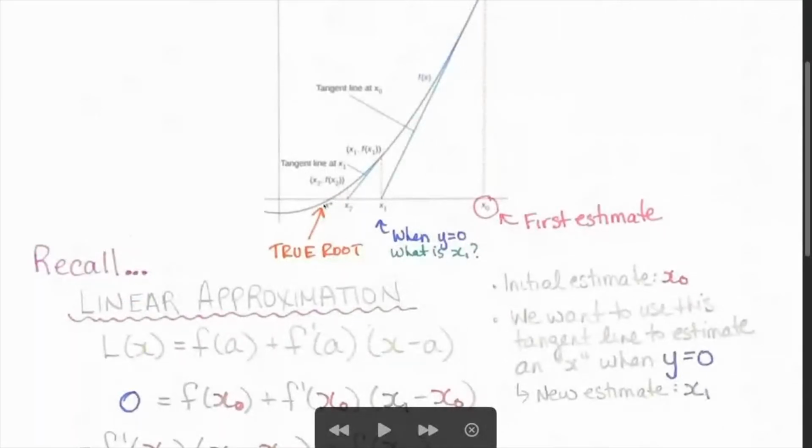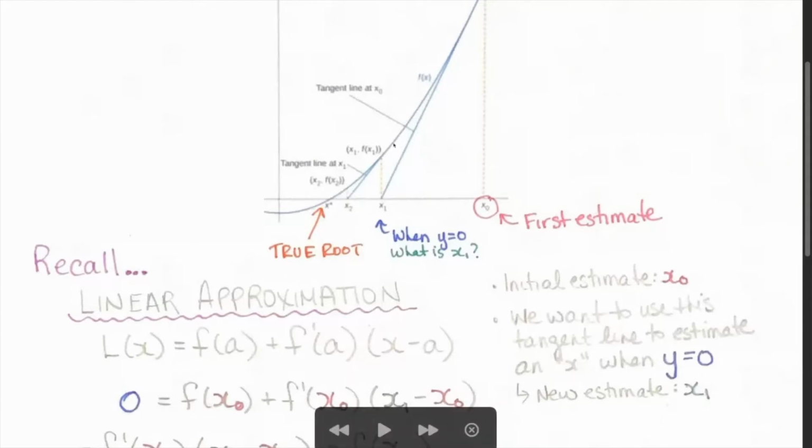Well, you can see x1 is still pretty far away from my true root. So let's see if we can get even better. I'm going to use the same strategy that I used here to get my x1 to get a closer point, x2, to my true root. So I'm going to take my x1, plug it into my function to get a point on my function, x1, f at x1.